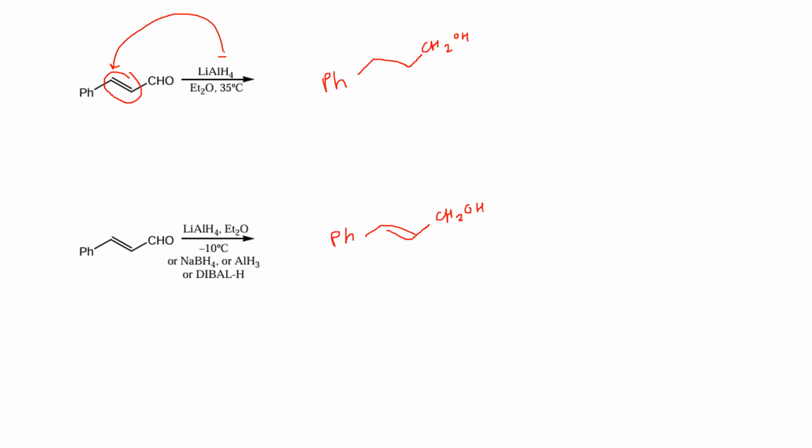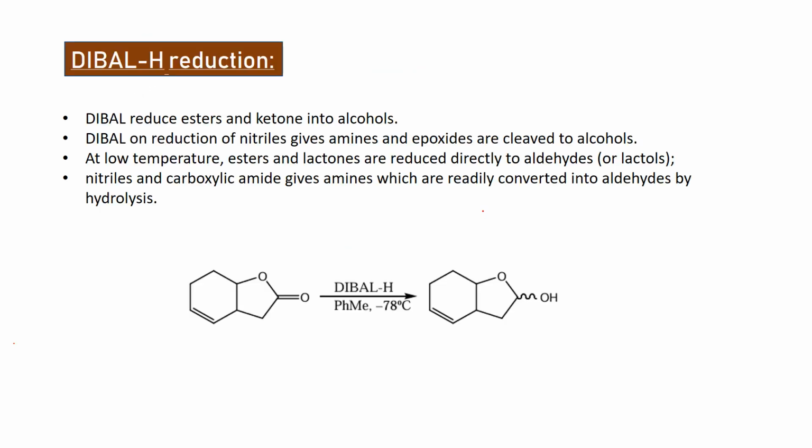So if in a reaction there is an alpha beta unsaturated group and you are adding LiAlH4, both the double bond and the carbonyl will be reduced. Whereas if you perform the reaction at low temperature or with any other reagent like NaBH4 or DIBAL-H, in that case only our carbonyl group will be reduced.